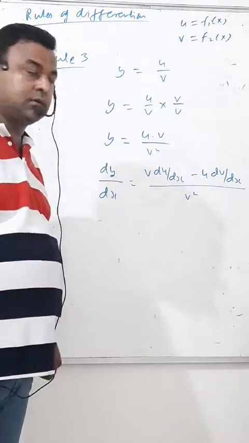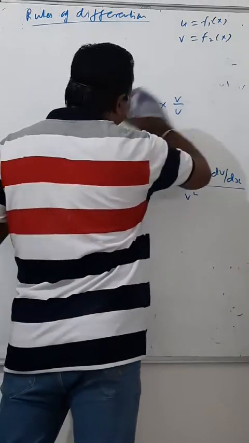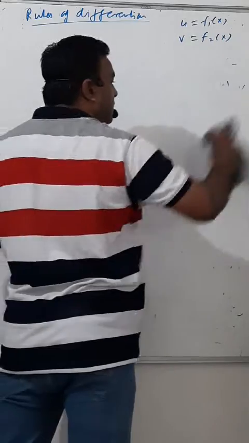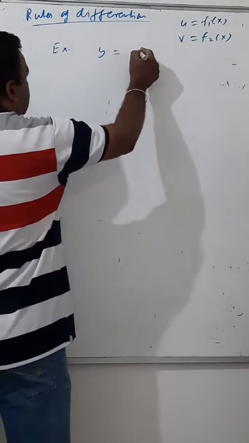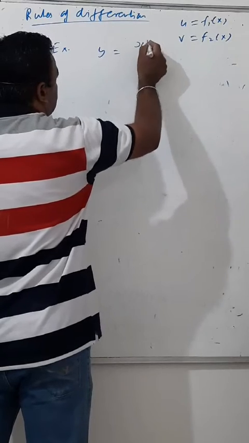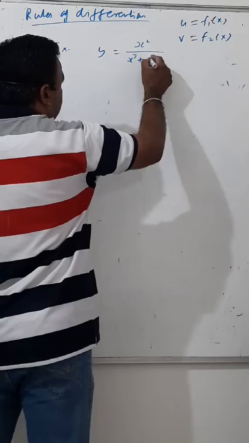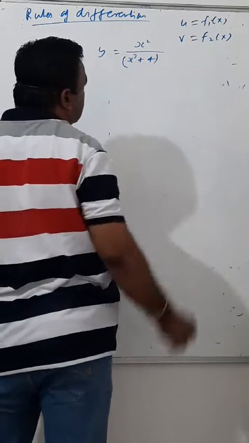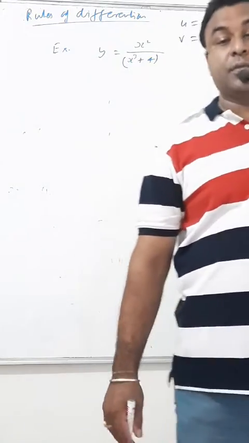I'll give an example of it. There are sometimes problems regarding this. I have y is equal to, say, x square by x cube plus 4. These two are different functions. X square, another is x cube plus 4.